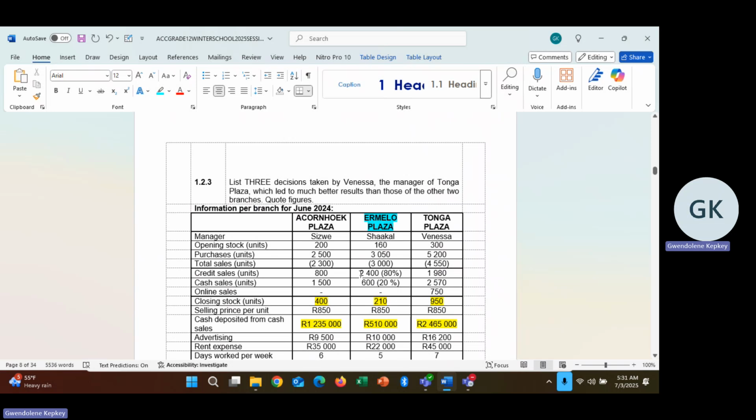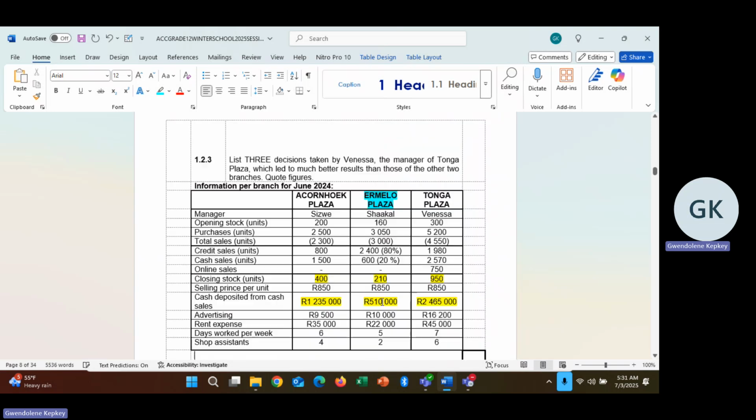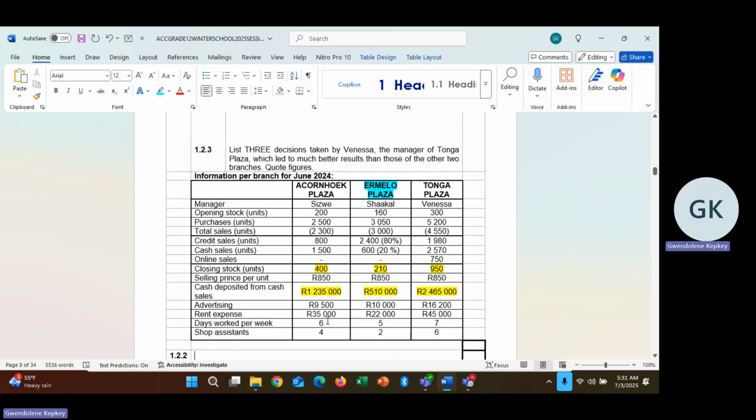We're going to say that my credit sales is 80%, my cash sales is only 20%. That's an important factor. What else can I highlight? If I look at the number of days that this business is open, compared to the other two, they only open for 5 days. So surely I can mention that.